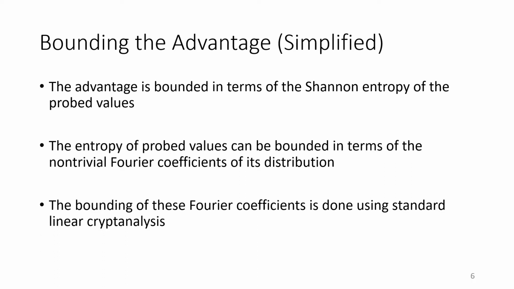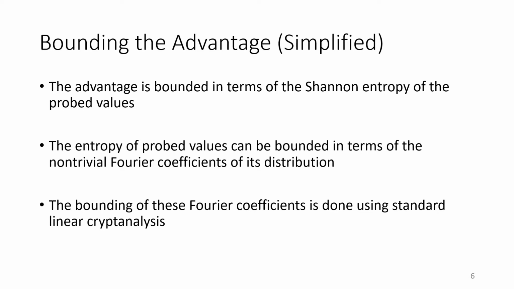So in fact, what the adversary sees is only uniform randomness. But this entropy of the probed values can be bounded in terms of the non-trivial Fourier coefficients of its distribution. So that's a reduction that we do.